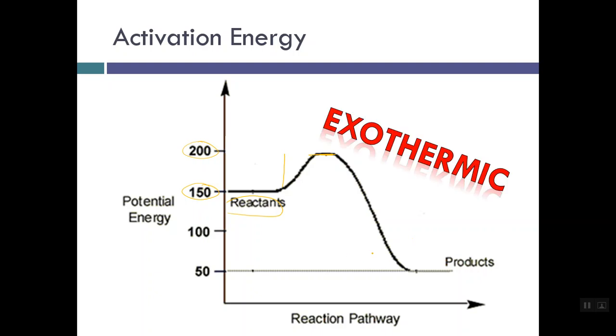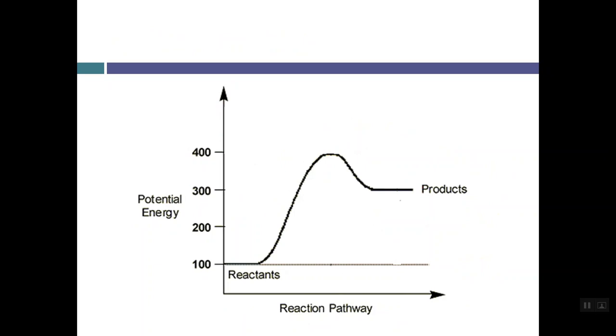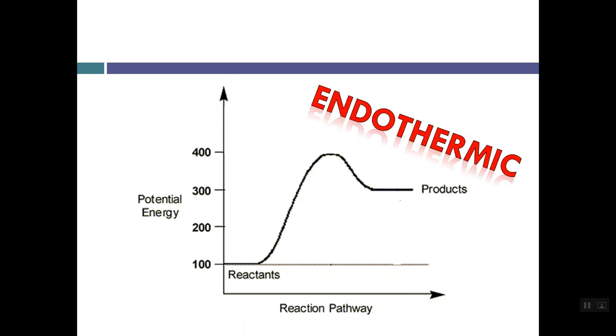All right, notice this is exothermic because the products have a lower energy, so that means this heat is going to be released. This is endothermic because I started out with 100 joules and I end up with my products at 300 joules, so the heat is over here.